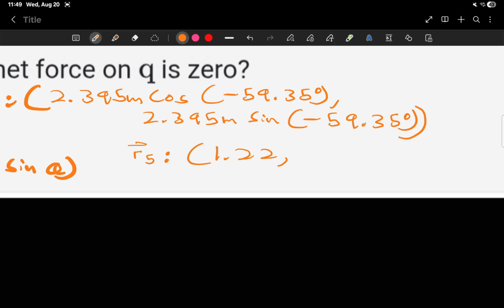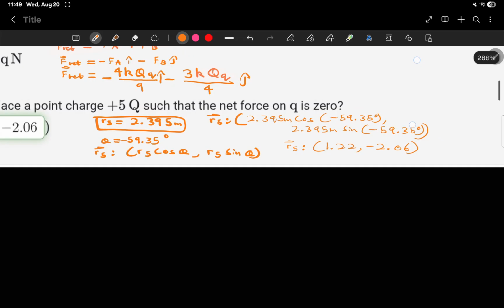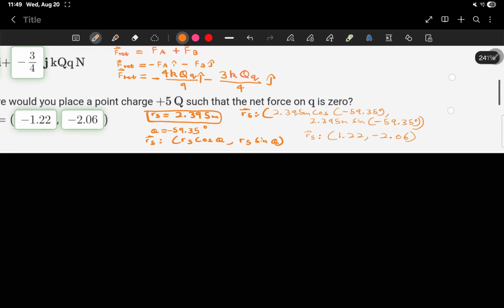That's interesting. And then we have a negative answer for the y, so that's good. Negative 2.06 meters.